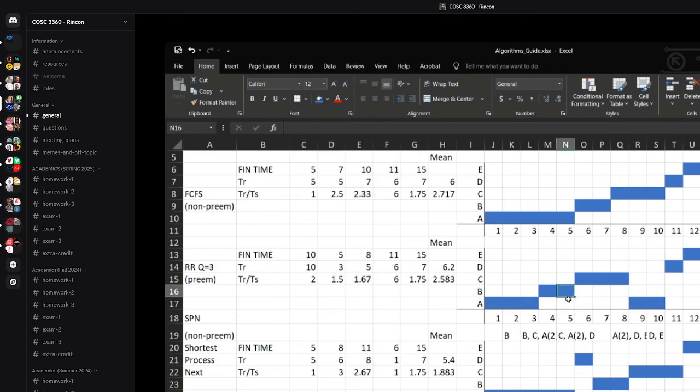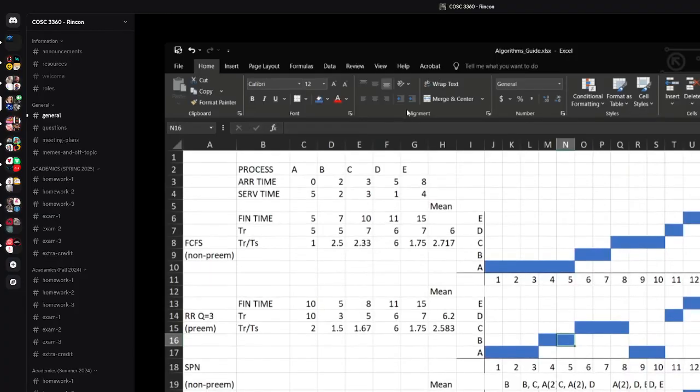Okay, so when D arrives at time 5, I'm trying to look through this real quick. Run before A. Okay, so the reason that it would not do that, wait a minute, hang on. You might be right, actually. Give me a second. Sorry about this.